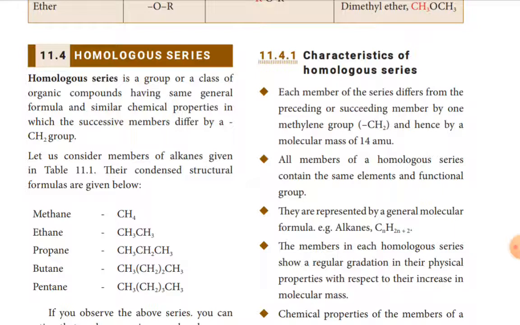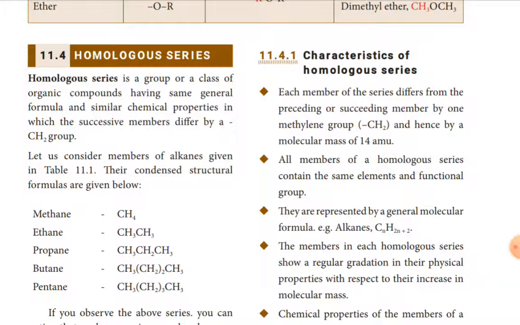So between 2 compounds of this homologous series, one CH2 group will be the difference. These are the 4 points you have to mention when you are asked what is meant by homologous series. Homologous series is a group or class of organic compounds having the same general formula and similar chemical properties in which the successive members differ by a CH2 group. This you have to write first.